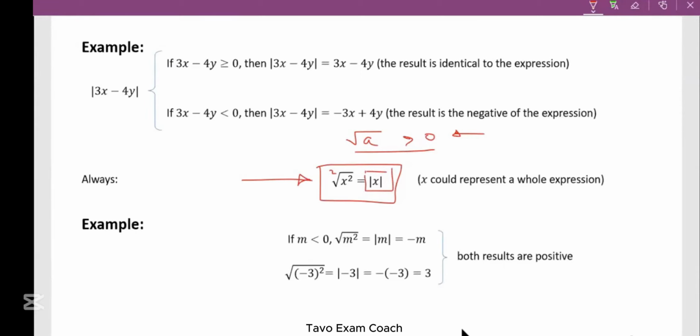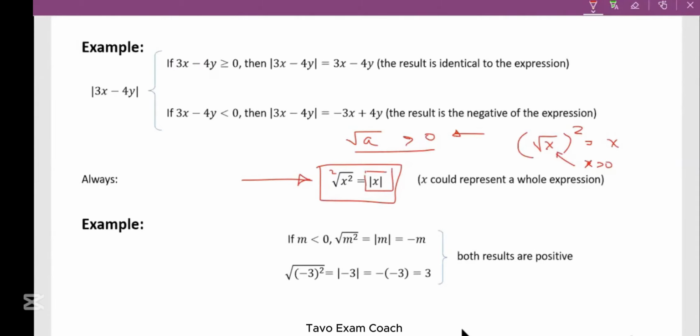Okay? Don't confuse this equivalency with this one. The square root of x squared is always x. Okay, this is different. Here, for this radical to exist, x has to be positive.